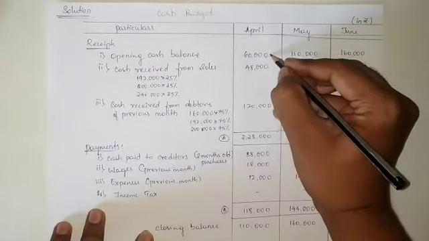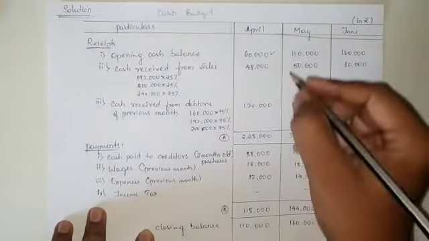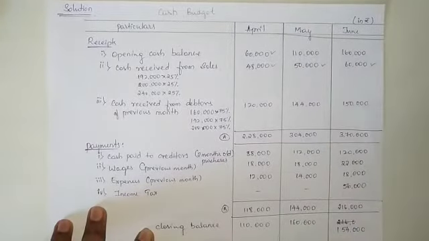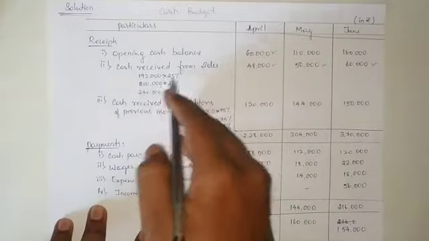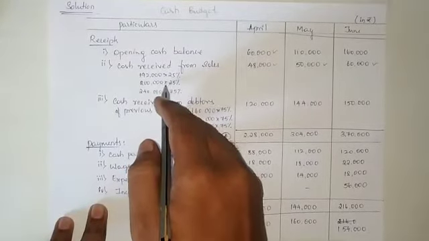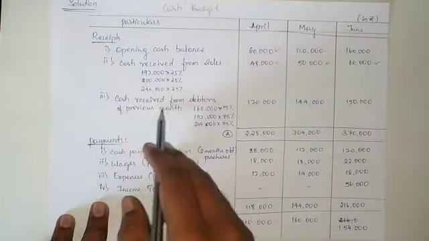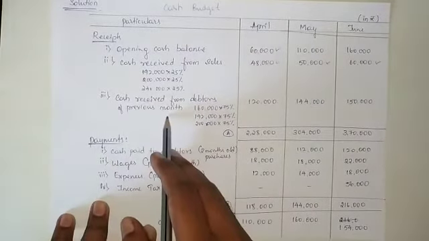Make a note of these things. The opening balance is given, that I have written. Then cash sales is calculated using the current month sales with this particular percentage. Then cash received from the debtors of the previous month.